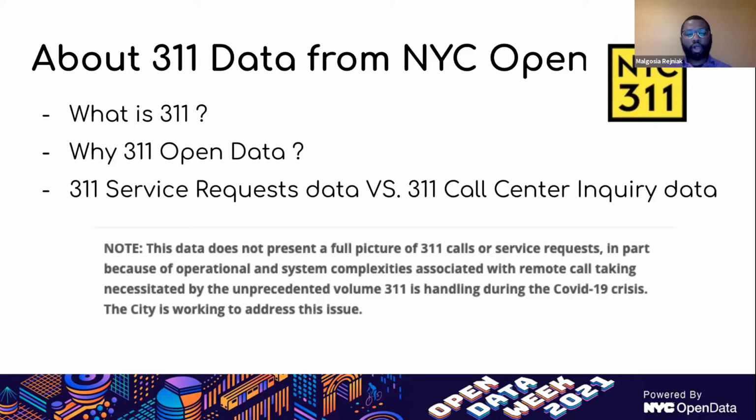The call center data set contains information on agent-handled calls to the city's 311 information line, while the 311 service request data set focuses on various services that New Yorkers need. So it's more focused on specific services as opposed to logging most of the calls with just a general description of what they're calling about.